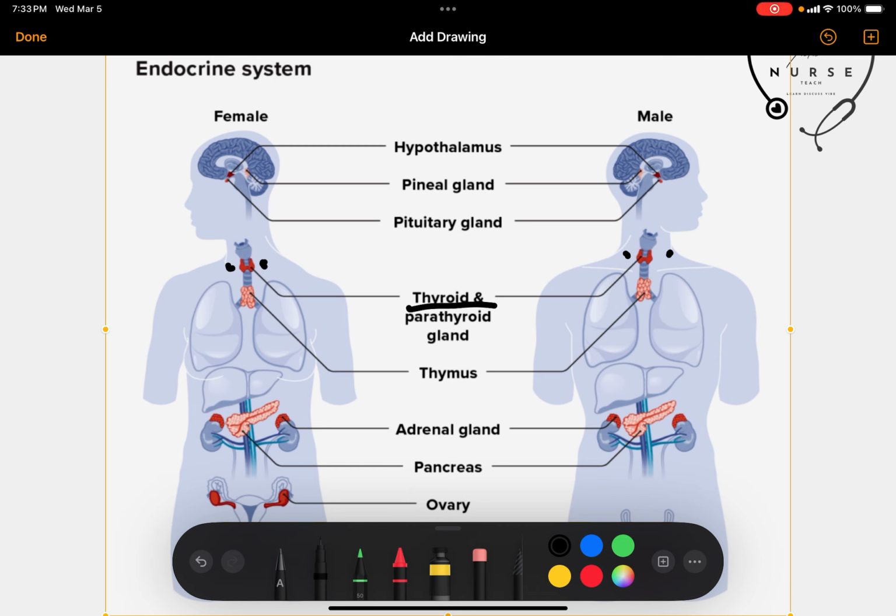As you look at it, it looks like just two encapsulated lobes on each side, and it is connected in the middle. The thyroid gland is extremely vascular, and it is responsible for producing and secreting the thyroid hormones. So we have thyroxine, which is T4, and then we have T3, as well as calcitonin. All three of those do different things. However, T3 and T4 are influenced by iodine. As we remember, our salt is iodized.